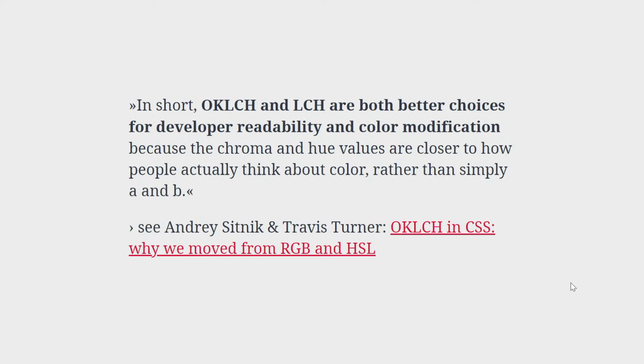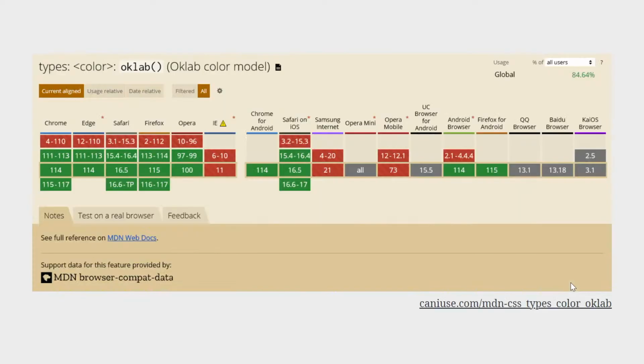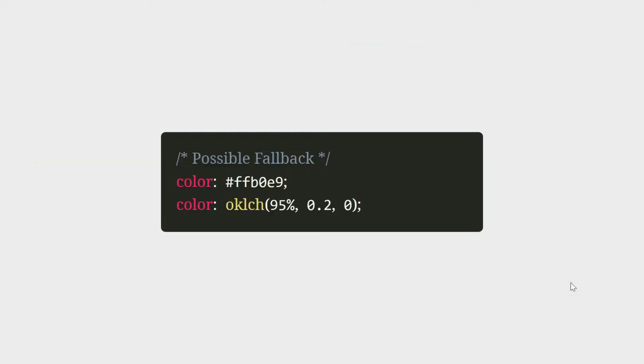You have to try it out for yourself, but you can already use these colors as well. If you want to use these colors, you can use an obvious fallback. Just define a color in a way that's already known, and then override it with one of the new color spaces. If the browser doesn't understand the new color functions, it will just fall back to the old color it knows.